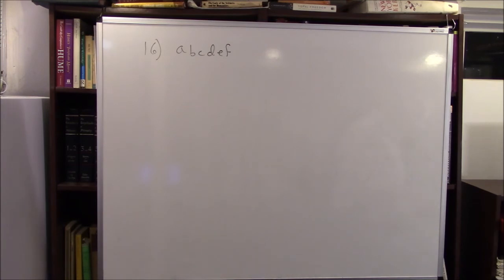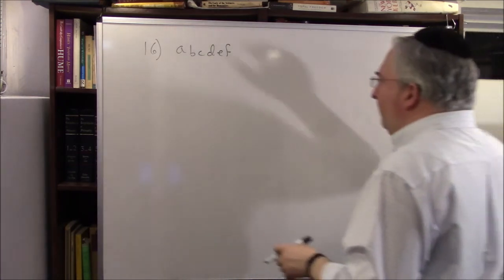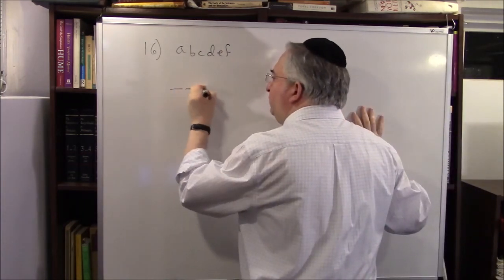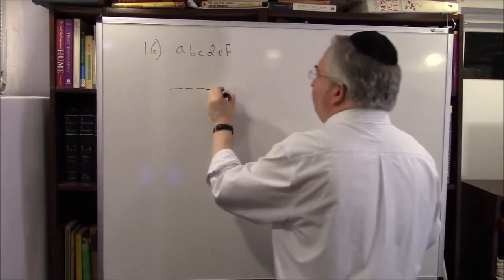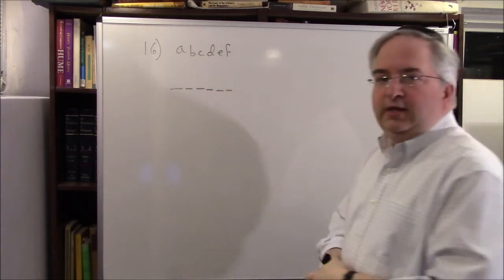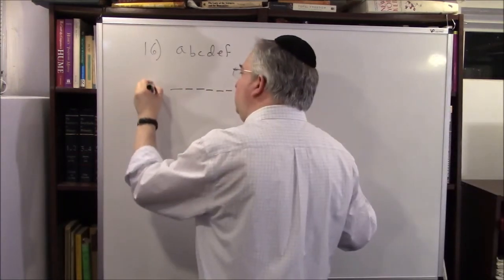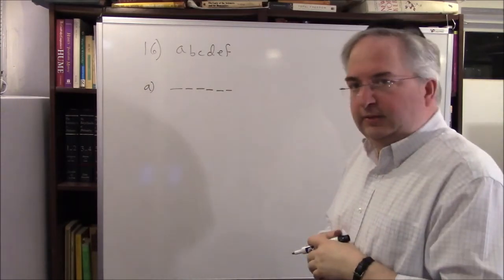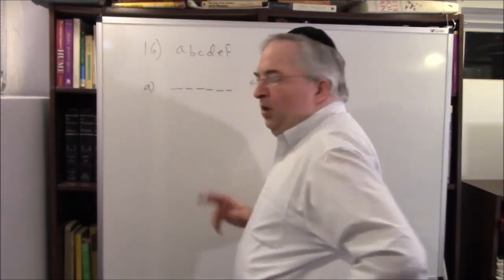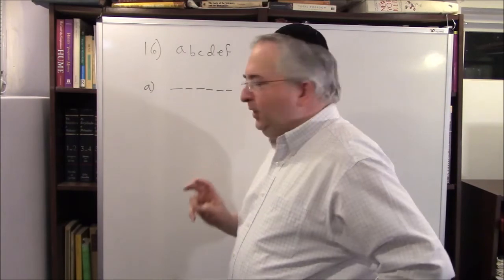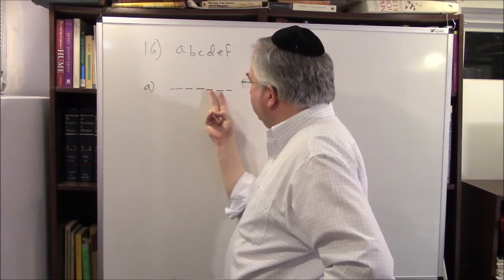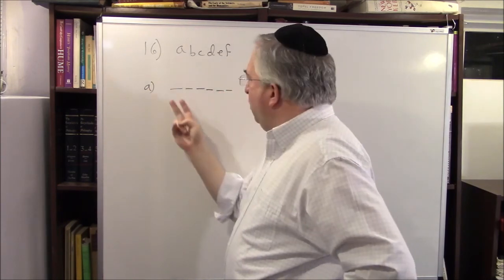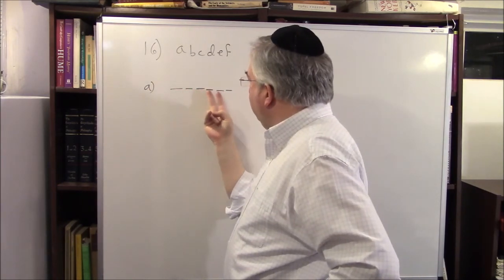Here's a way of thinking about it. Where's the AB going to be? The AB could be here, here, here, here, or here. 1, 2, 3, 4, 5.